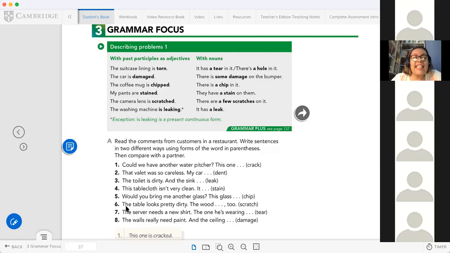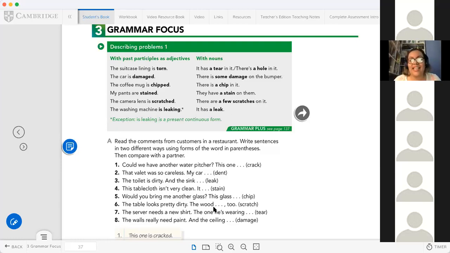Number 6. The table looks pretty dirty. The wood, a scratch. Les falta verbo, porque hubo quien nada más me dijo the wood a scratch. Nos hace falta un verbo. A ver, a scratch es el sustantivo, no puede ser is.